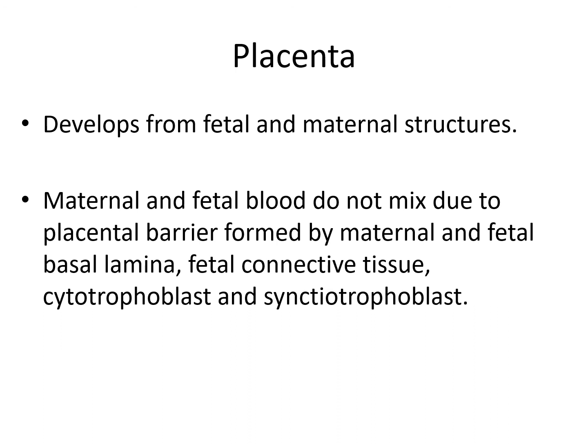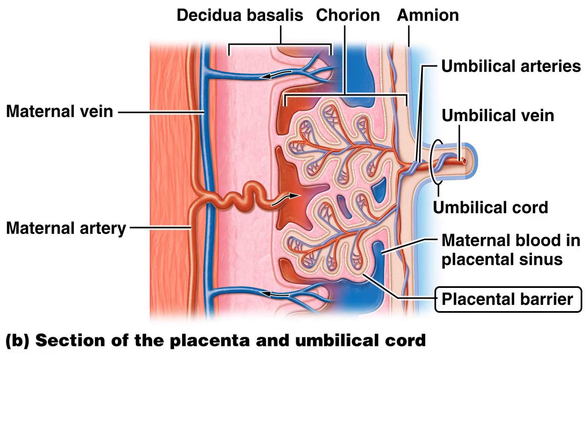Okay. And if you recall, the fetal blood and maternal blood are separated by the placental barrier, formed by the maternal and fetal basal lamina, fetal connective tissue, the cytotrophoblast, and also the syncytiotrophoblast. Okay. So here's the placental barrier.